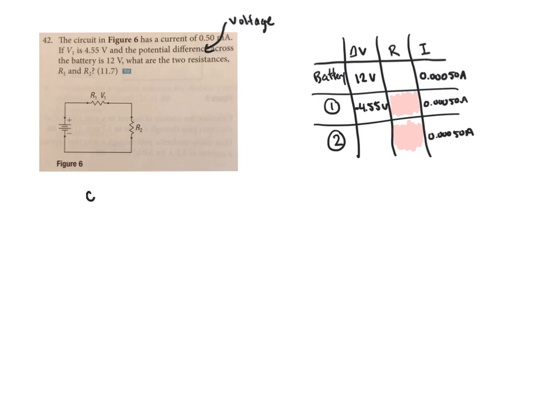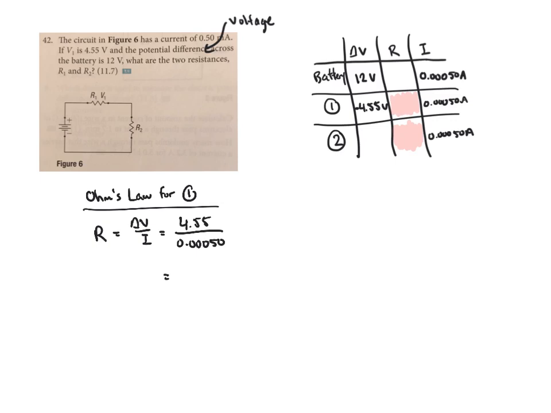So Ohm's law for load 1. So rearranging Ohm's law for resistance, will be voltage divided by current. So that's 4.55 divided by 0.00050.